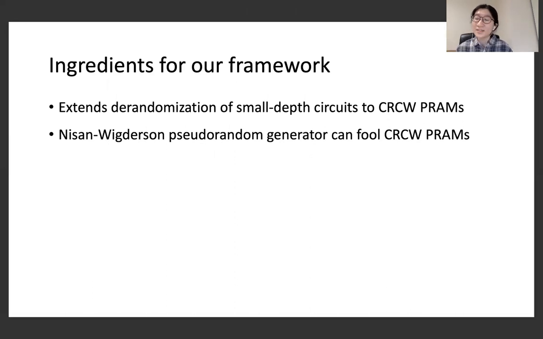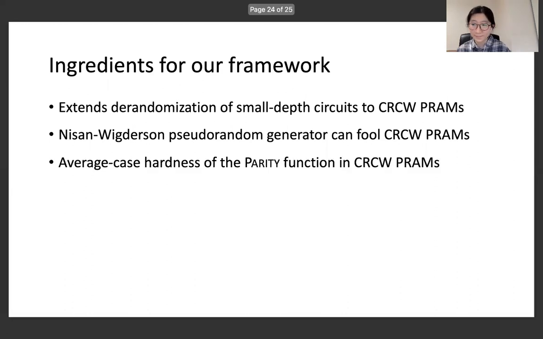And we show that the classical Nisan-Wigderson generator does this job. And just as in the circuit case, the construction of this pseudo-random generator relies on the existence of an average case hard function. We show that the parity function, which is known to be average case hard for circuits by classical results, is also average case hard for the stronger model of CRCW PRAM.